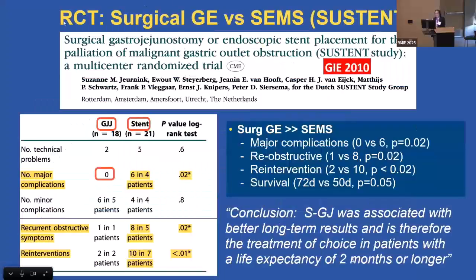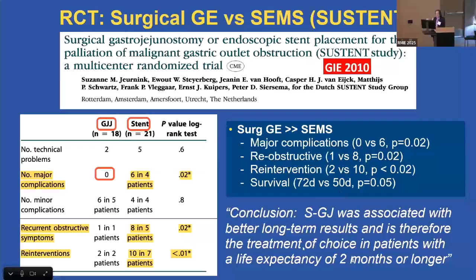And then we have this randomized controlled trial. It's called the SUSTENT study. It's a small study, admittedly, but it had very decisive results that were compelling. Surgical gastroenterostomy was significantly superior to SEMS in terms of major complications, 0 for surgery versus 6 using SEMS, reobstruction 1 versus 8, reintervention 2 versus 10, survival 72 days versus 50 days.